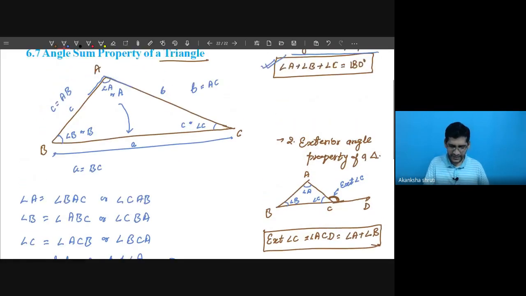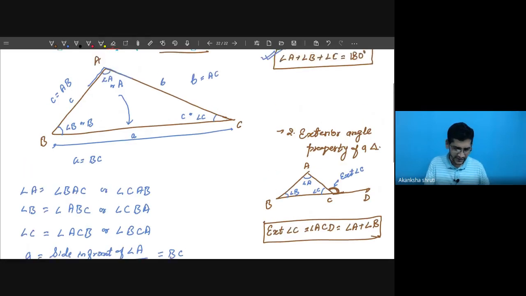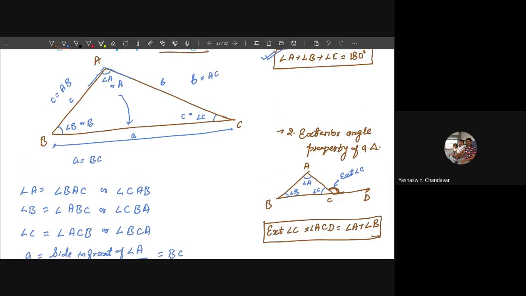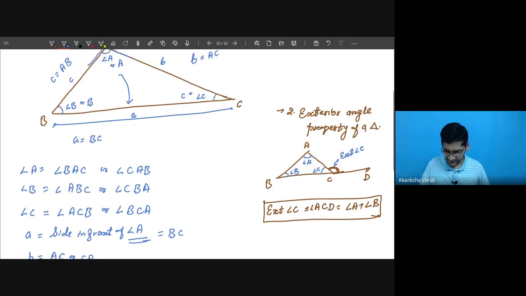So similarly, if I write a small b, what will be the denotation for a small b? A small b will denote the side AC. Whether you write AC or CA, it means the same thing. Similarly, whether you write BC or CB, it means the same thing.